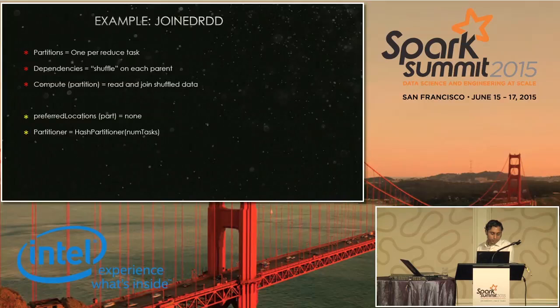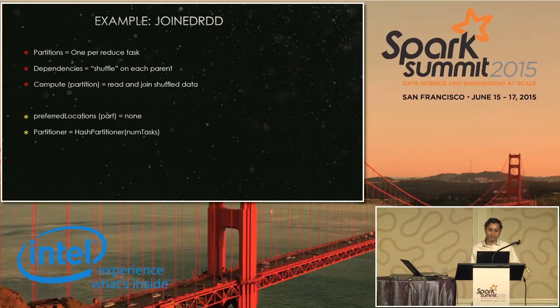Number of partitions is 1 per reduce task. When you do something like a joined RDD, this is going to cause a shuffle to happen against the parent. When you do a shuffle operation in general, you can say how many partitions you want to have in the next RDD.